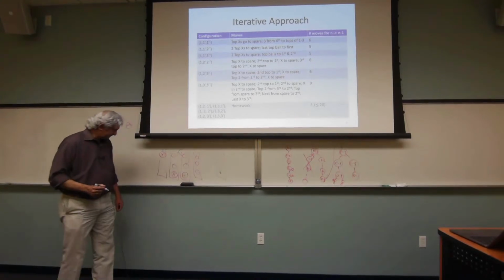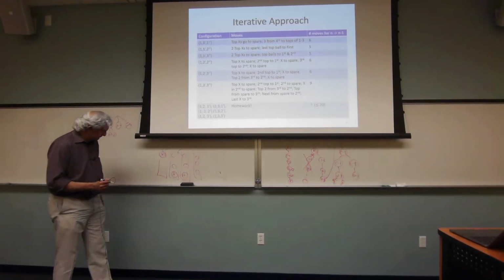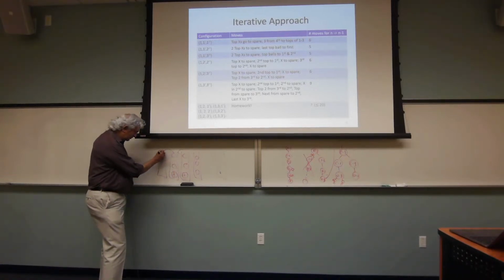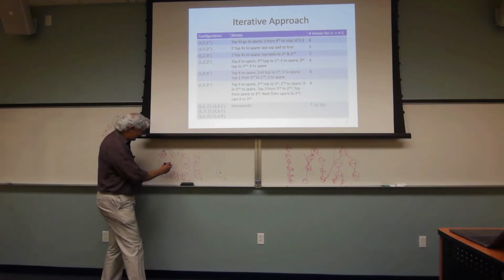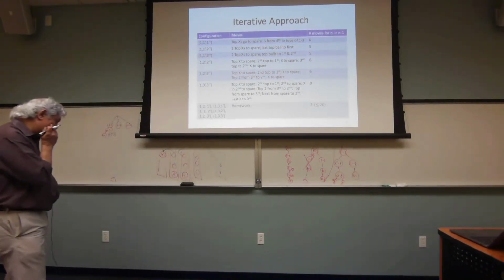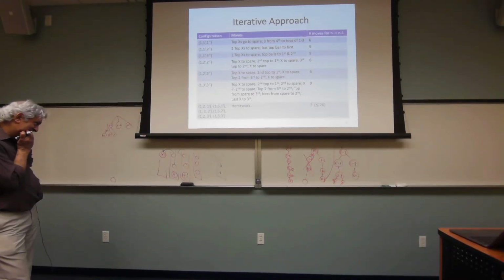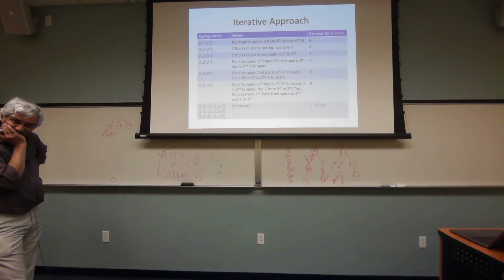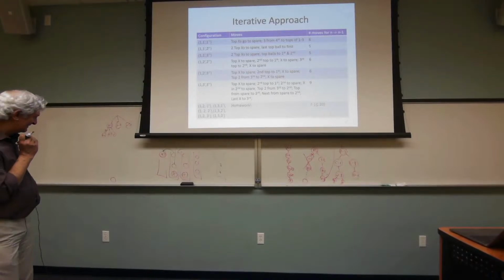What's next? Move one of these to the empty place. Then move these two to the last one, the second one to the last one. Okay. Then what? Then I think second one to the last one.